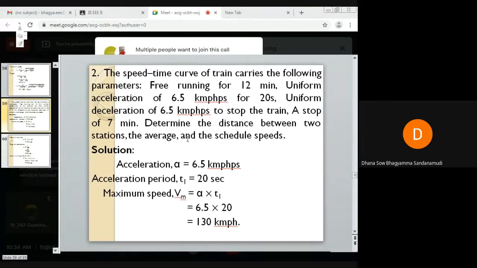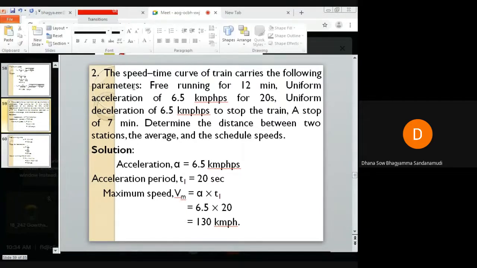Now acceleration is given, that is 6.5 kilometers per hour per second, and the acceleration period is t1. T1 is equal to 20 seconds, given in the problem. You can determine the maximum speed if you know the acceleration and the acceleration period.